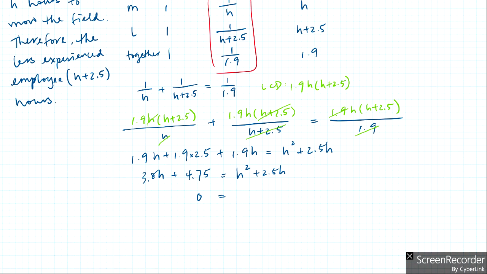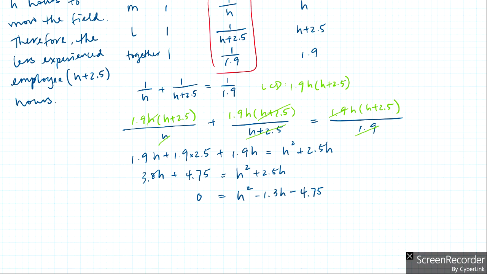I have 0 on the left, H squared minus 1.3H minus 4.75 in this quadratic form. And once we get to this point, we can either use the quadratic formula or use a graphing facility to solve.